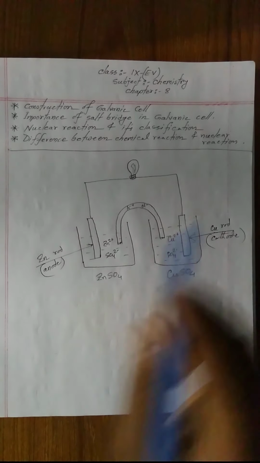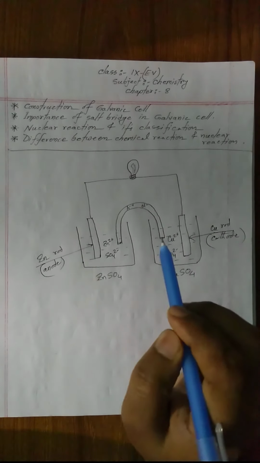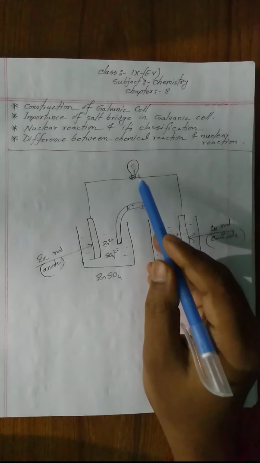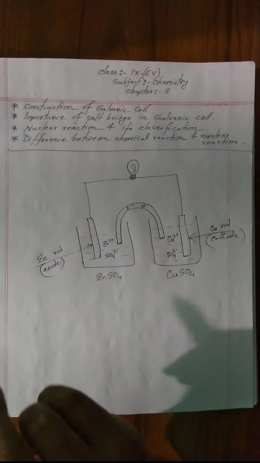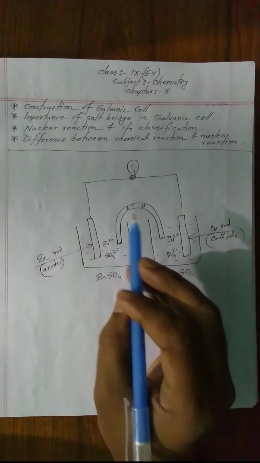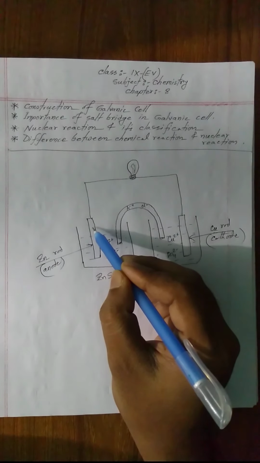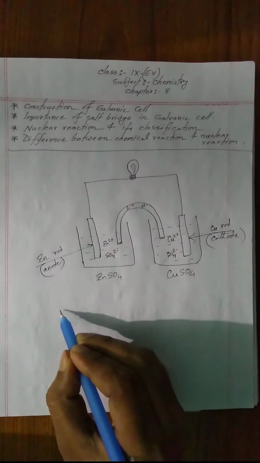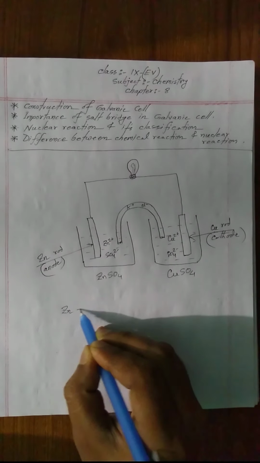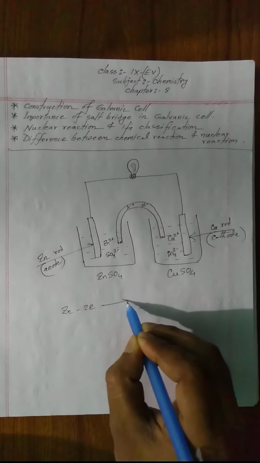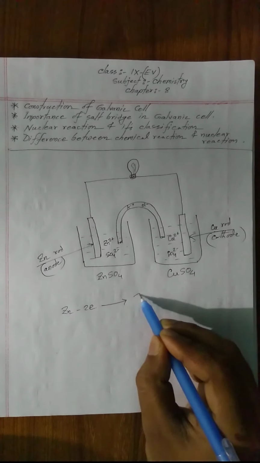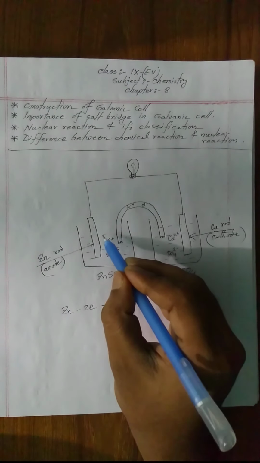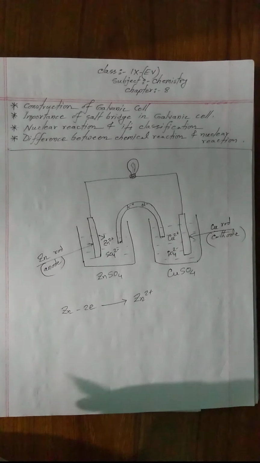Now when the circuit is completed, the bulb will be lit. That means a zinc atom from this rod eliminates 2 electrons, forms zinc ion and goes to the solution.